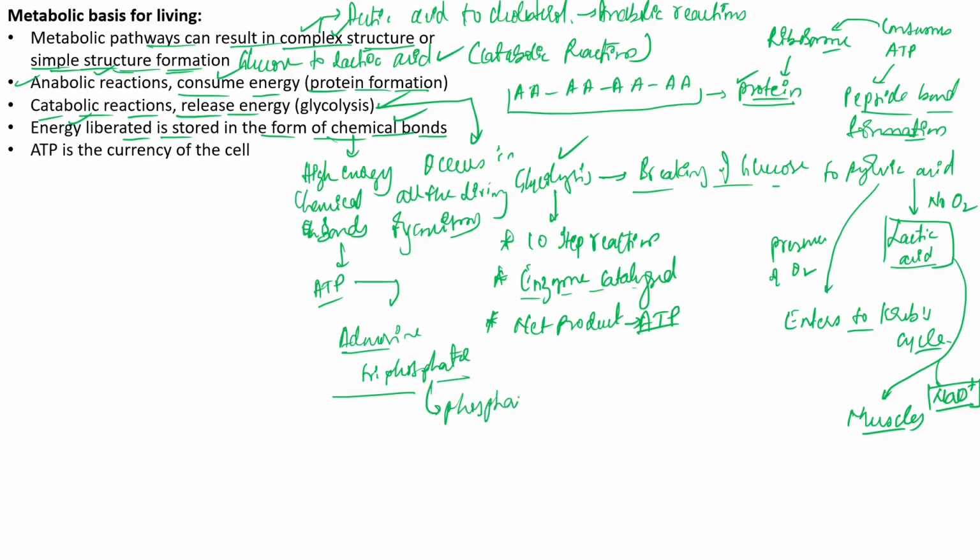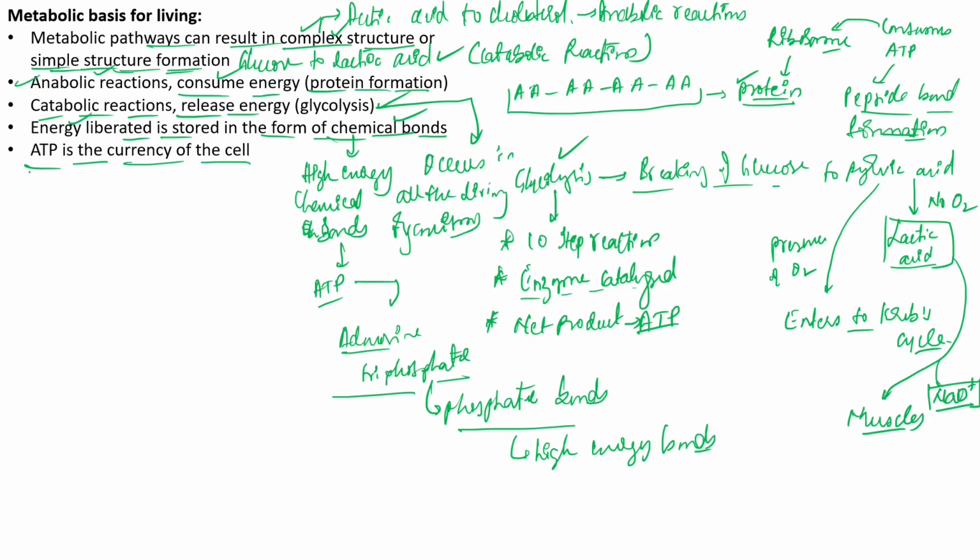Remember, the phosphate bonds are called high energy bonds, because they contain the energy that is required to run these metabolic reactions. Hence in a very general sense we refer to ATP as the currency of the cell.